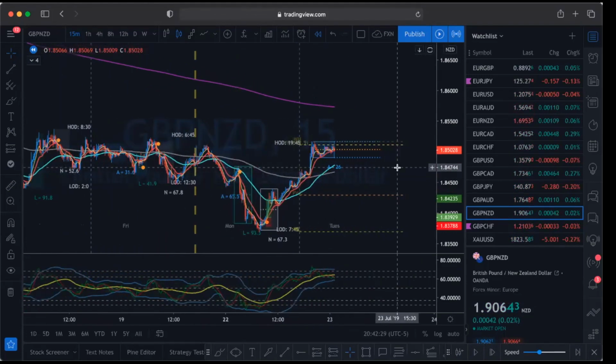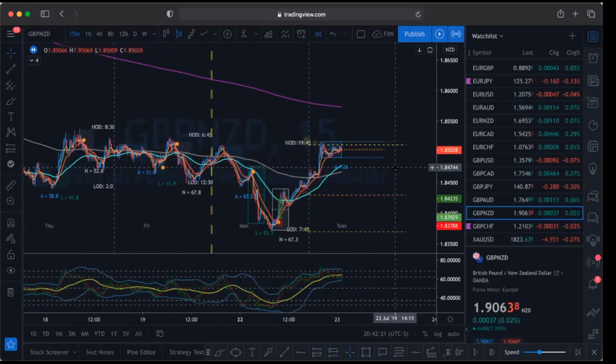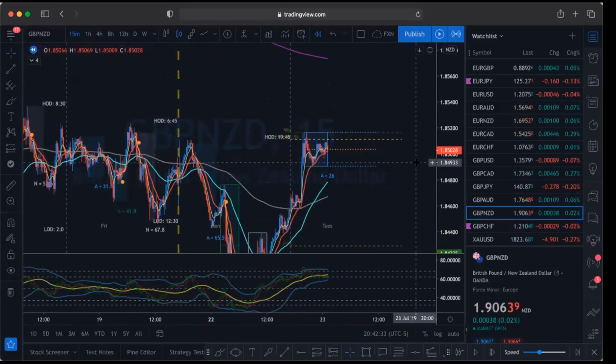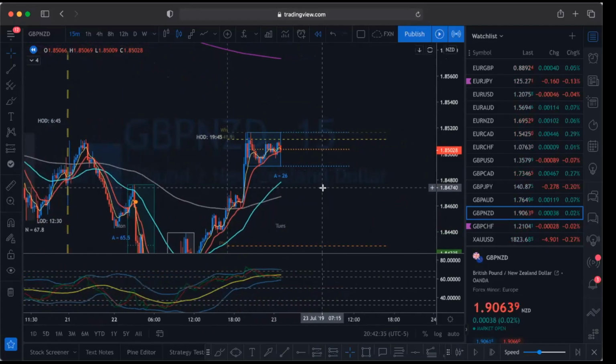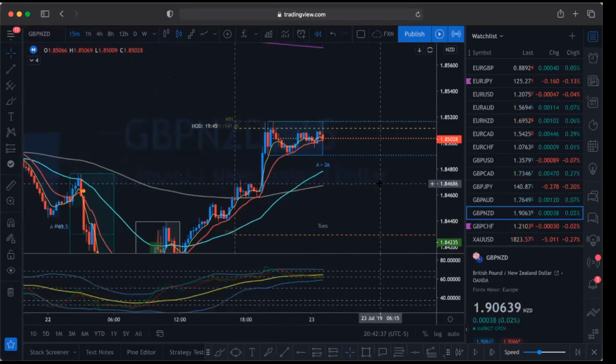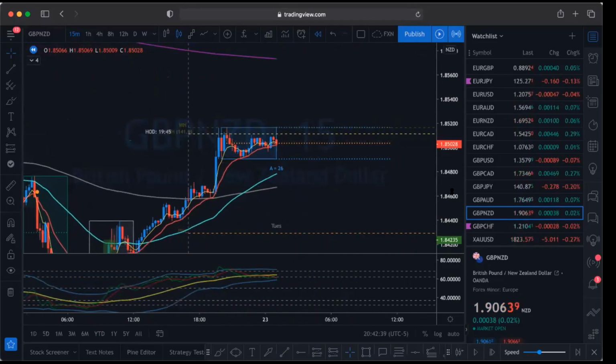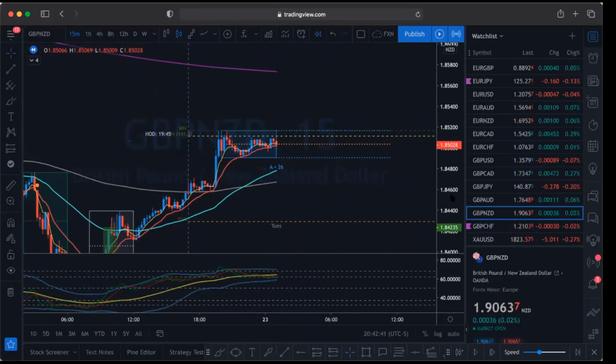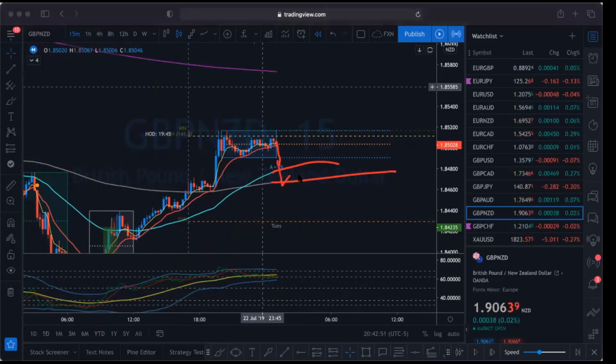Okay, so with that being said, to answer your question from before, if you ask me what I'm looking for out of this, I'm looking for price to come down, and ideally if price can bounce off of one of these EMAs, I'd be looking for that.